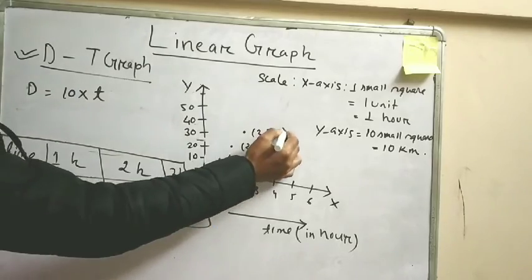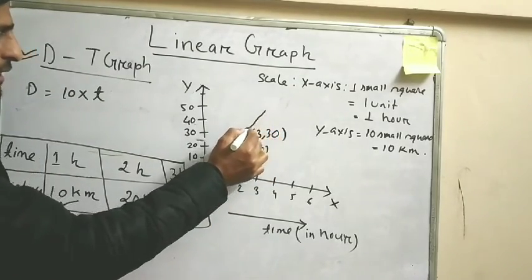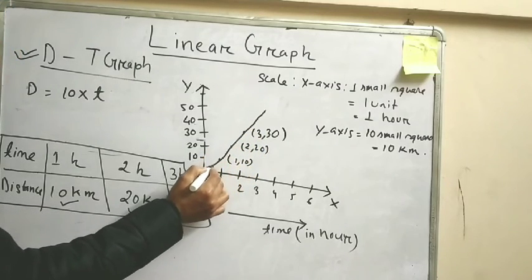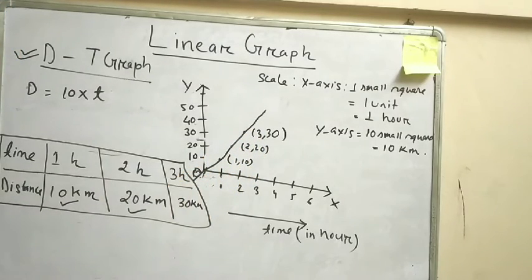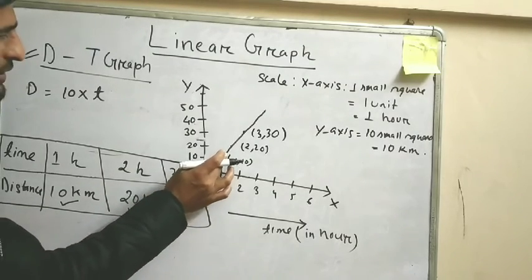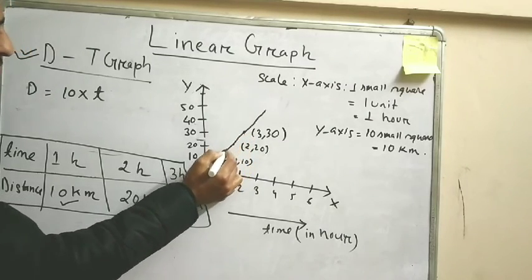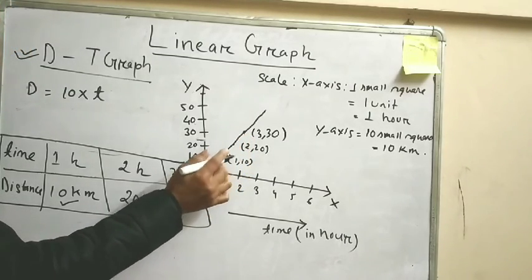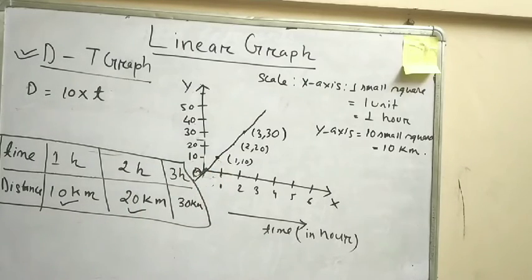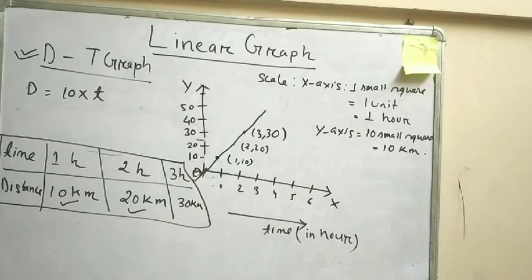If we join these 3 points, we will find that they fall on a straight line. Always try to join these points with the help of a scale, and the line passes through the origin.